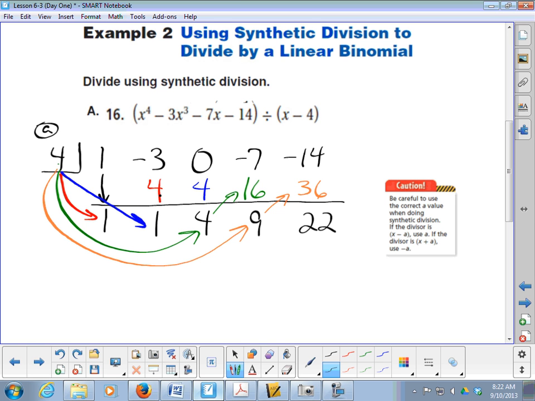So this is how it works when I'm writing my answer. This is my remainder. Here's the constant. Here's my x term, my x squared, my x cubed. So we have x cubed plus x squared plus 4x plus 9 with a remainder of 22 over x minus 4.